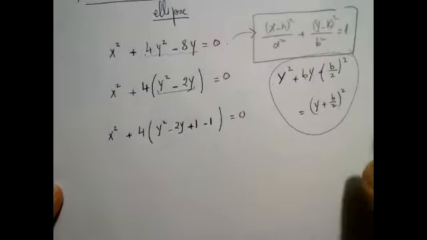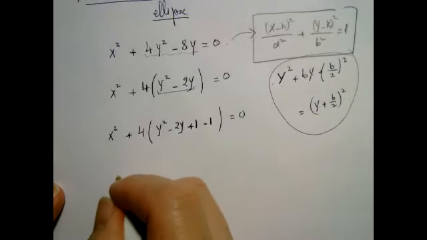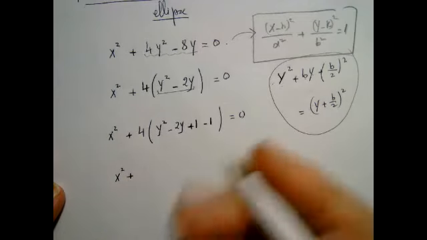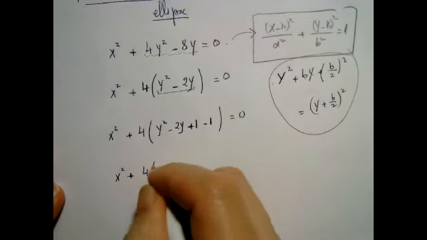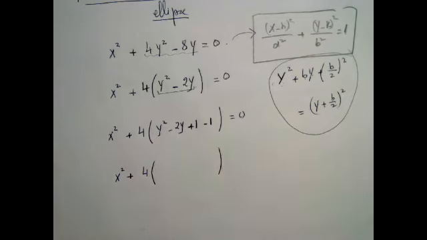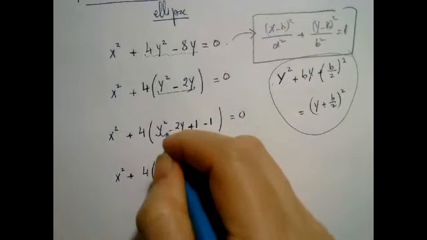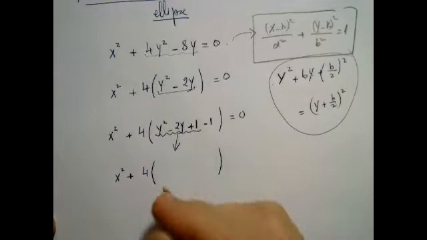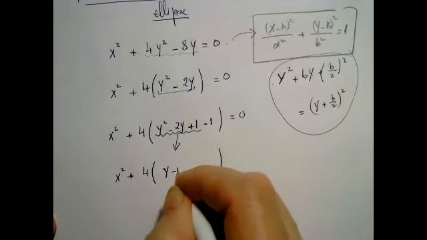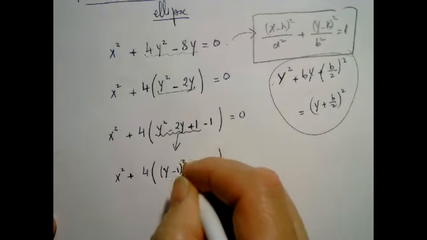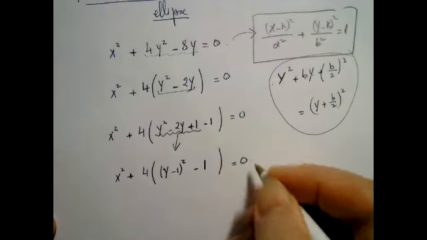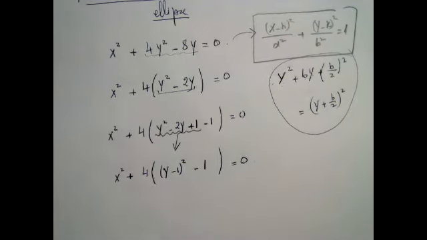And now we are actually almost done, because the only thing I'm doing is rewriting. I'm really playing a simple game here. Okay, let's see what we get here. This piece here will become y minus 1 squared minus 1 equal to 0. Okay, and now I just distribute.